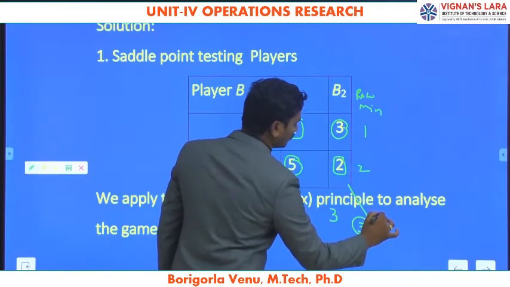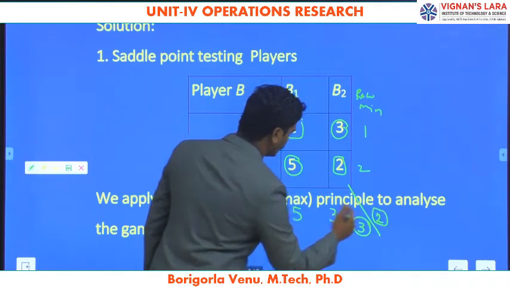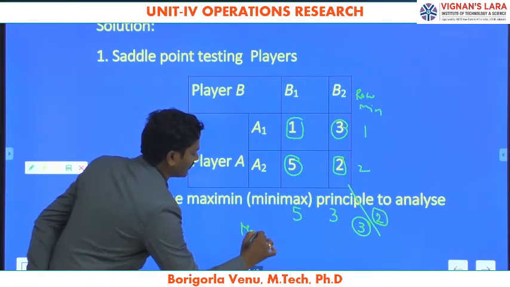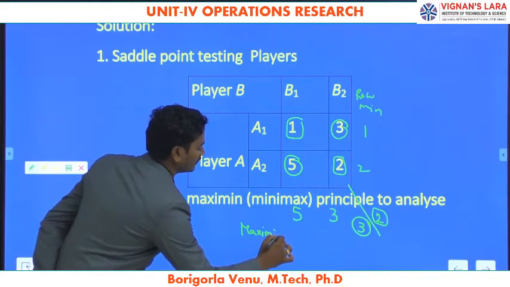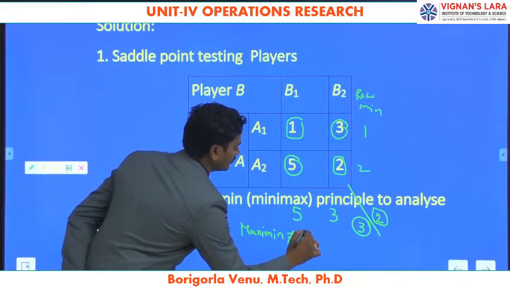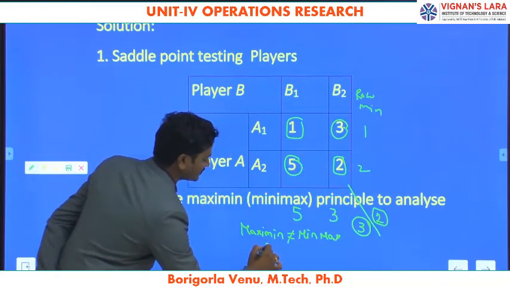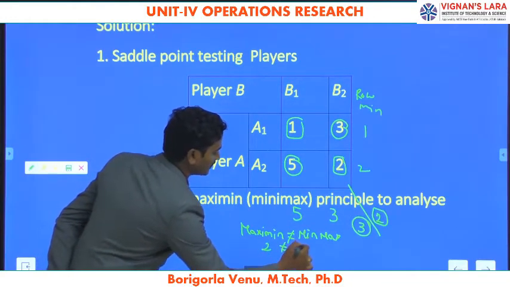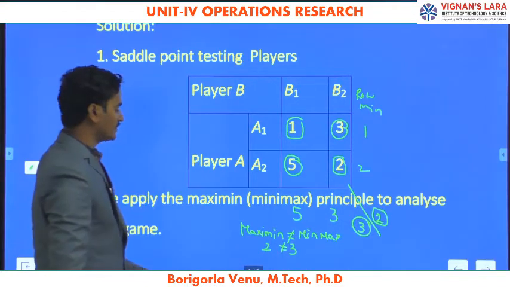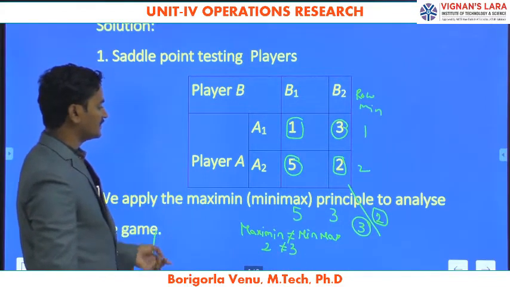Here the maximin is not equal to the minimax, because the maximin value is 2 and the minimax value is 3. So the saddle point doesn't exist.